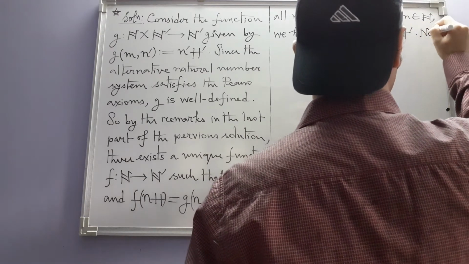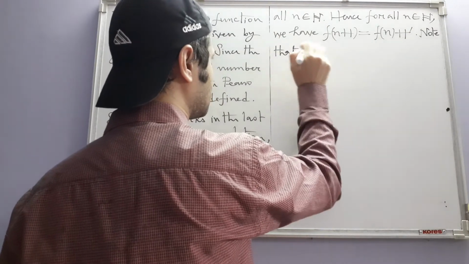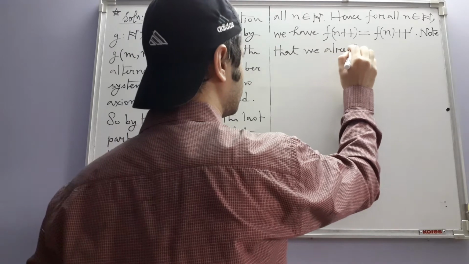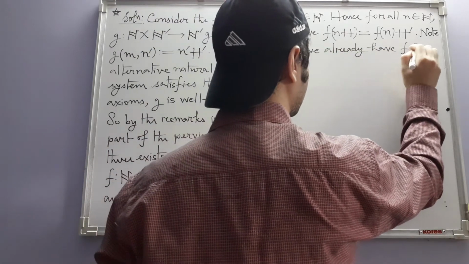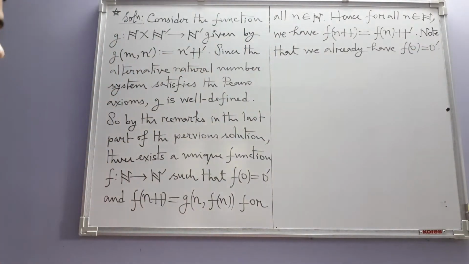So let us first note that we already have f of 0 equal to 0 prime, alternative 0.